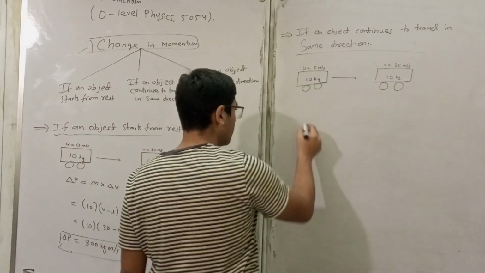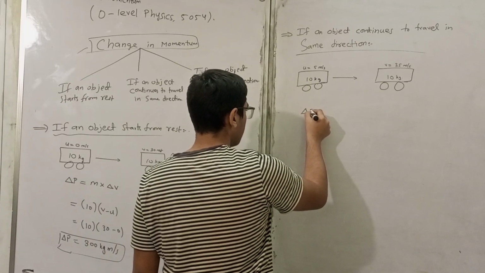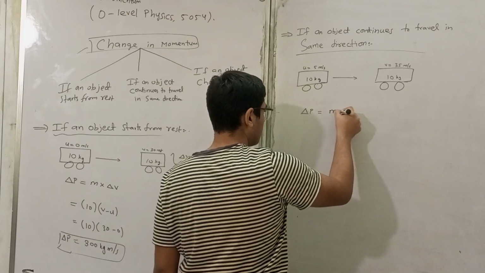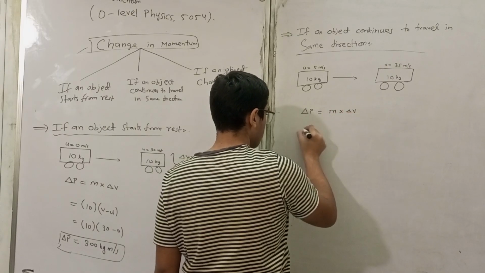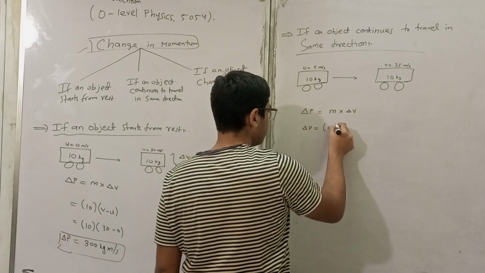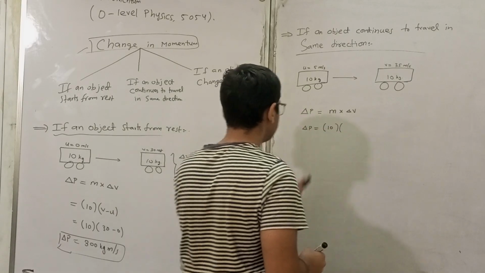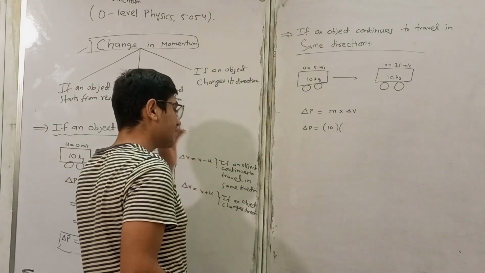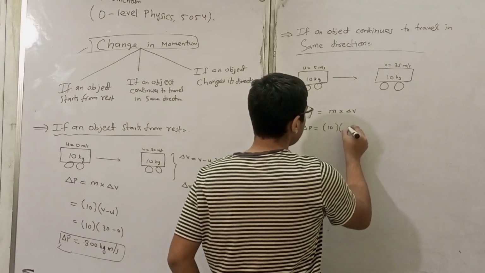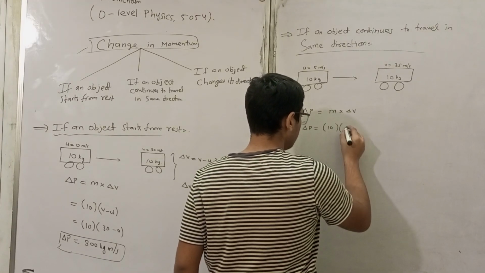Now if we have to calculate change in momentum, we will write the formula delta p equals to m into delta v. m is 10, delta v will be v minus u, because the object is traveling in same direction just like case number 1.